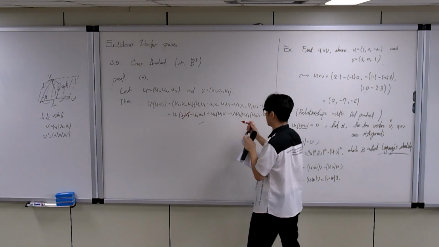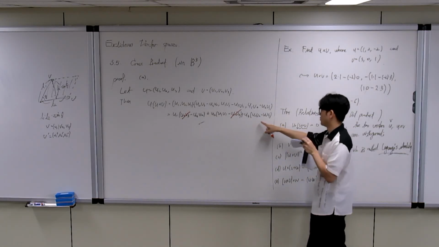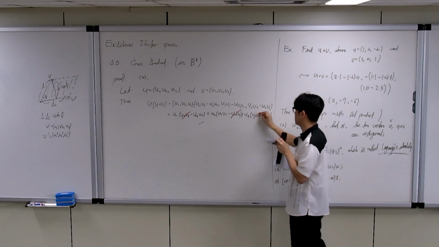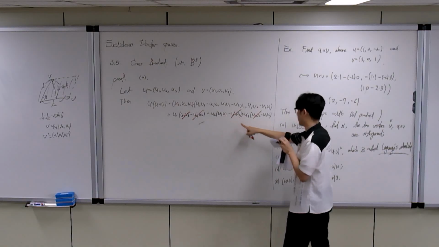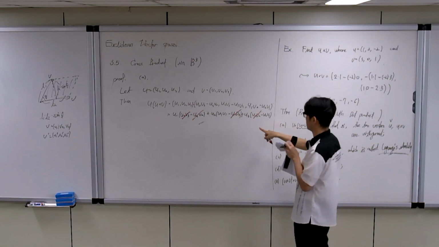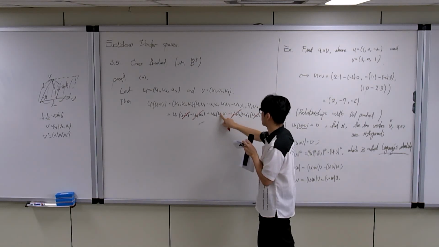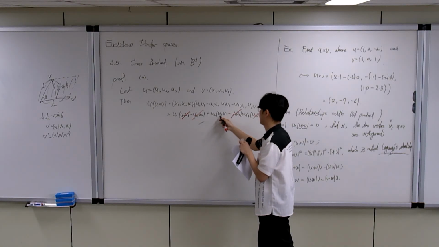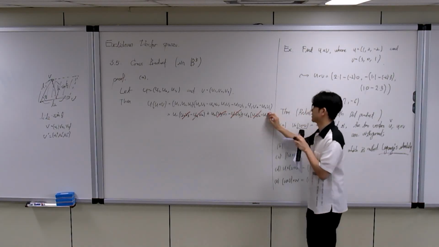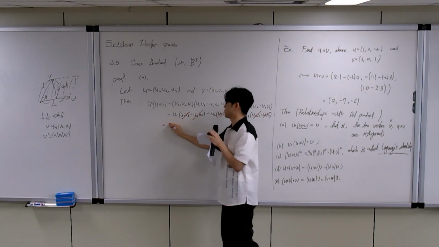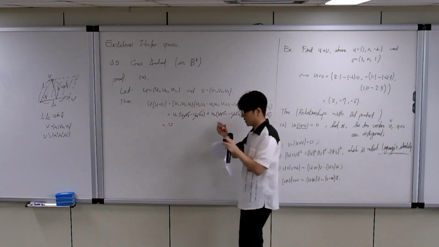And U1, U3, V2 and U1, U3, V2 will cancel as well. And U2, U3, V1 and U2, U3, V1 will be cancelled, so the result is 0. And so we can get the orthogonality, and if you calculate it for B, you can get the same result.